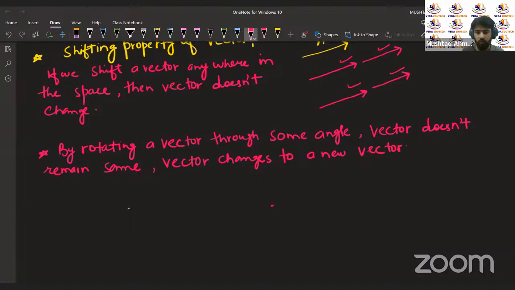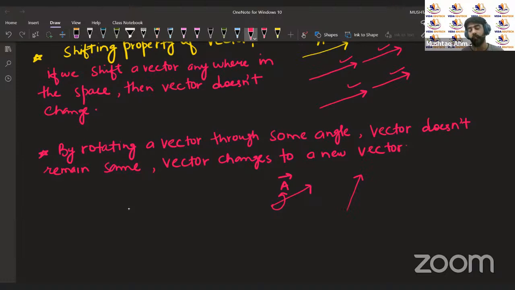Like this. Suppose I am having a vector here. This is vector A. If I give a small rotation to this vector like this, the vector will point in this direction. Now I cannot call this vector A, because of the rotation.